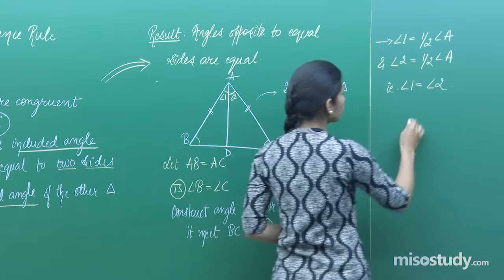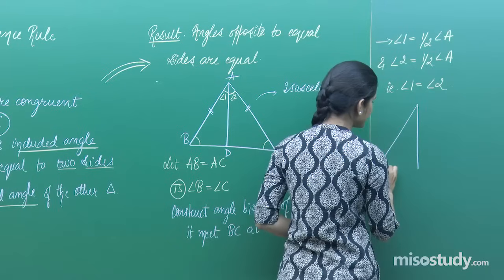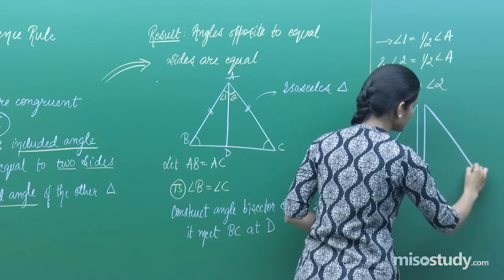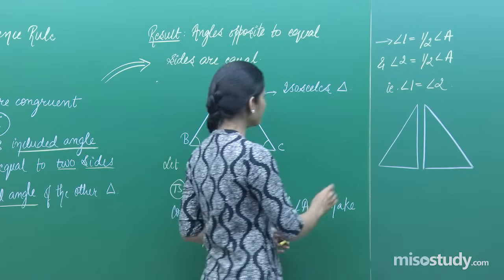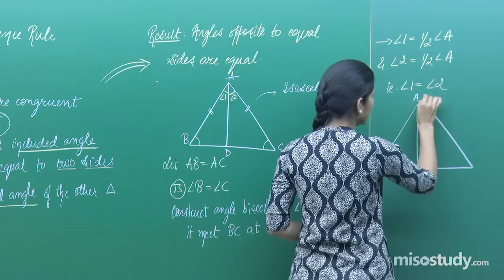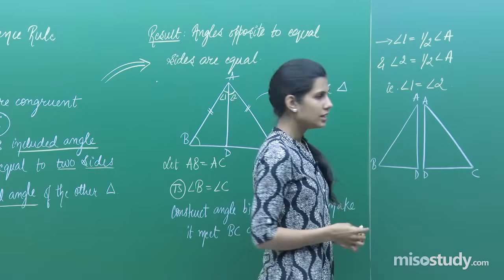If I separately draw these two triangles, you know what I am interested in? I am interested in proving that these two are congruent, right? I have A here, B here, D here, again A here, D here, C here.